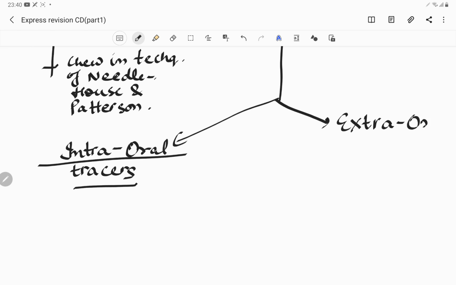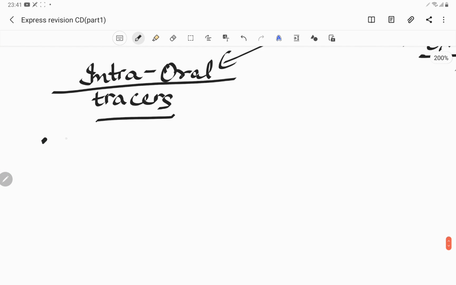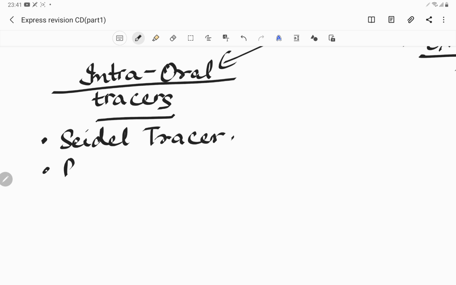Examples of intraoral tracers are the Seidel tracer, Bollard tracer, and the measurement tracer.